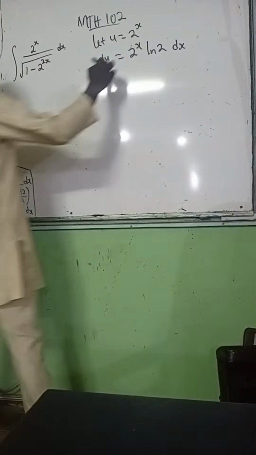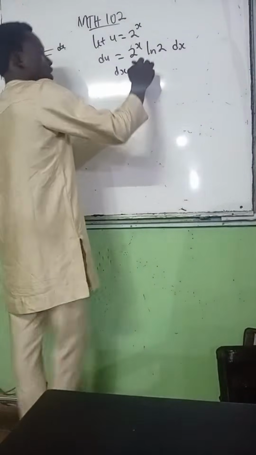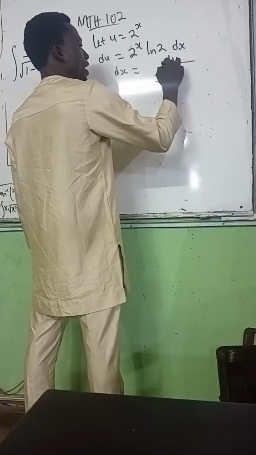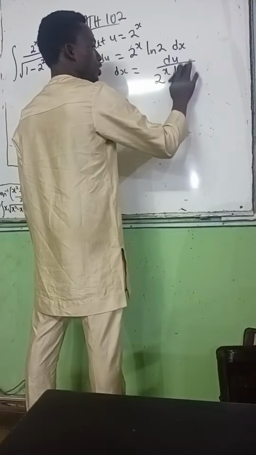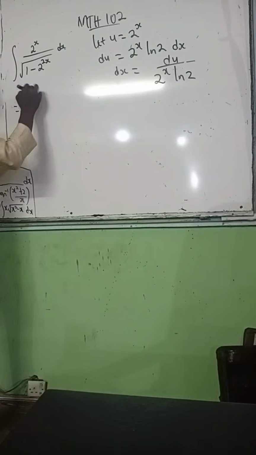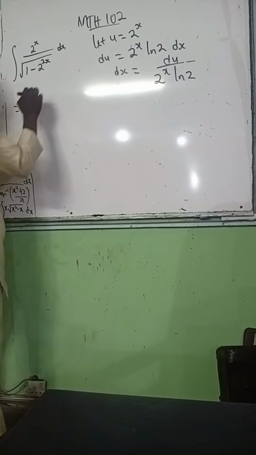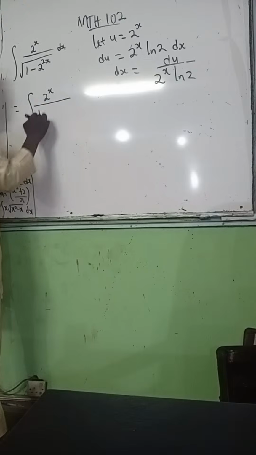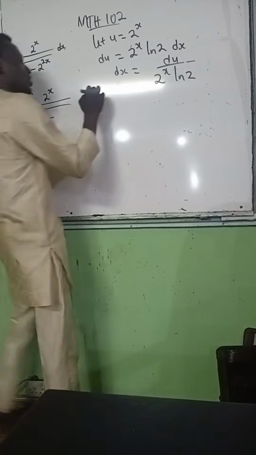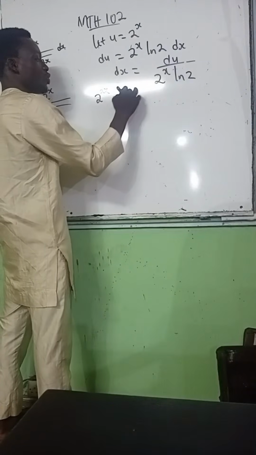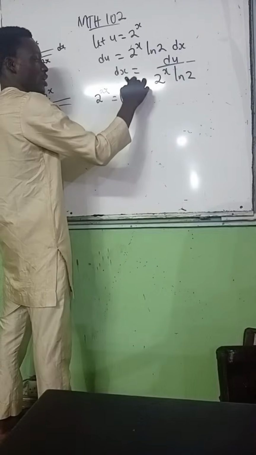So that means dx equals to what? du over 2 raised to x ln 2. Come and see the beautiful thing I just did now. The integral of what? 2 raised to x over root 1 minus... Don't forget, 2 raised to power 2x is equal to 2 raised to power x squared.